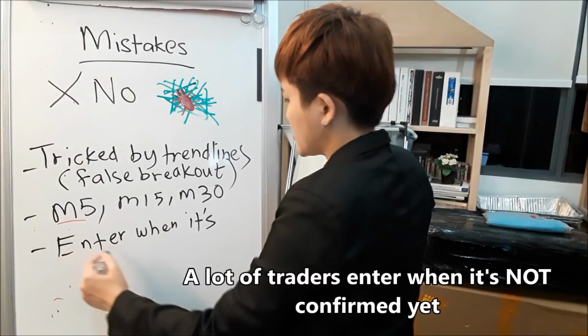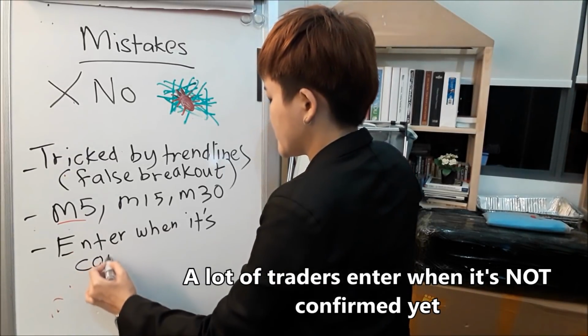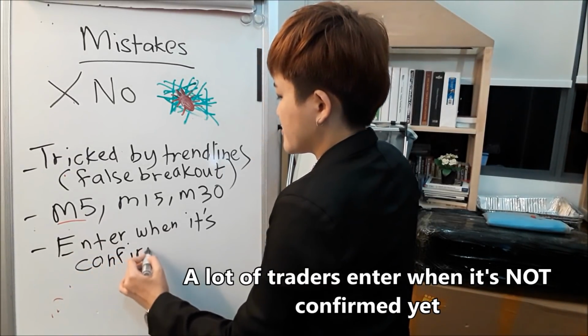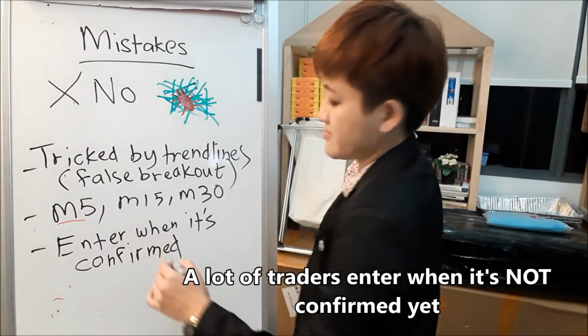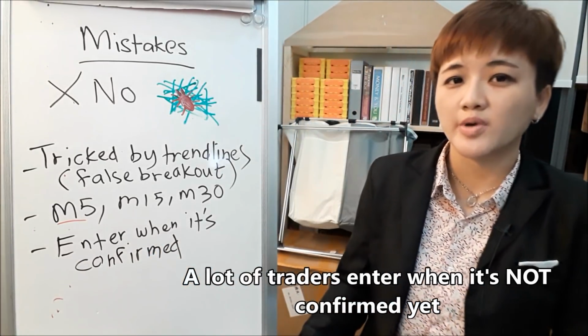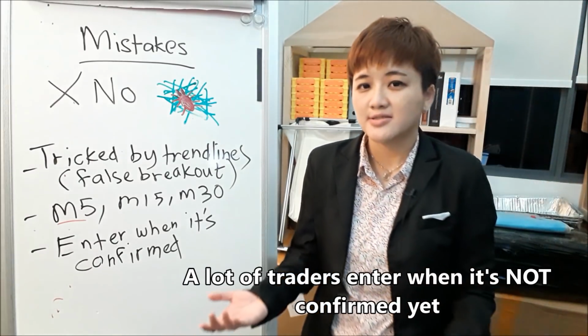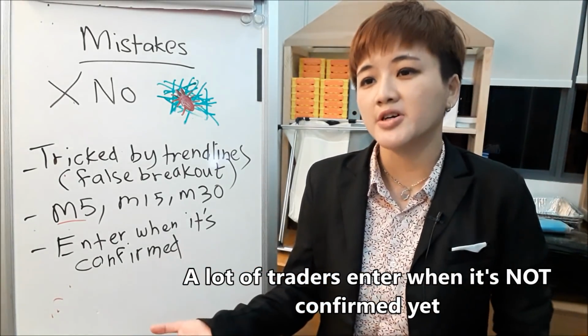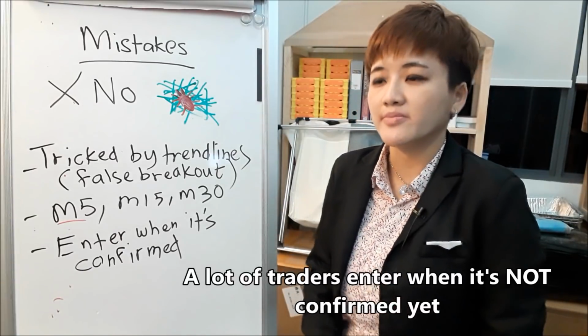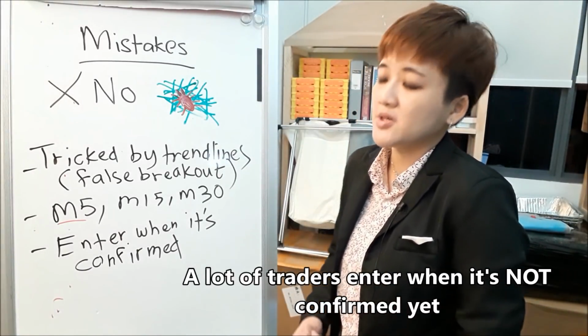A lot of traders, they enter when the trend line is not even confirmed yet. People just can't wait. They see the first touch and then they enter on the second touch. Of course, once in a while it might work out, but I would say it's a little bit more risky.